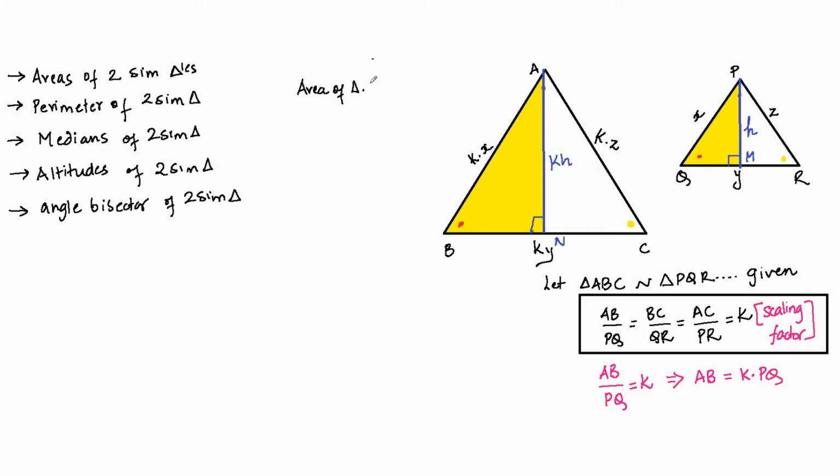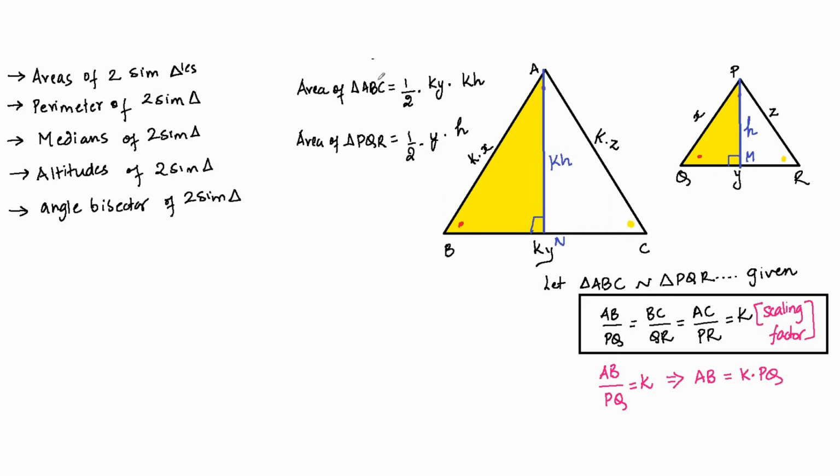Area of triangle ABC will be given by half into the base, which is Ky in this case, multiplied by the height, which is Kh. Similarly, the area of triangle PQR is given by half into the base, which is QR, that is y, times the height, which is h, right?